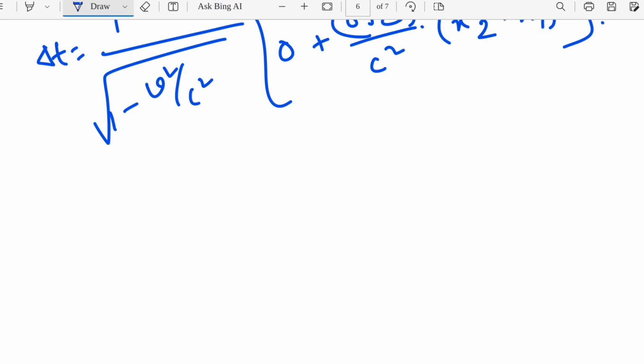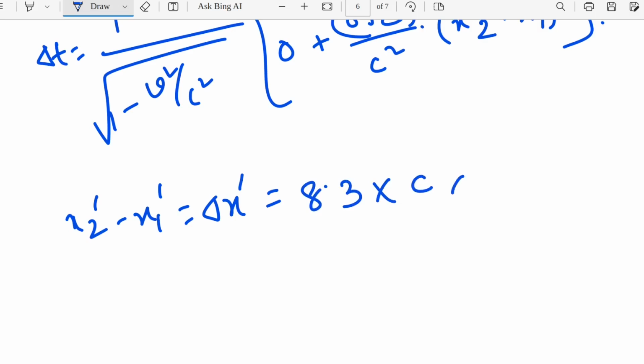So here we can write x2 prime minus x1 prime, which is delta x prime, as 8.3 times c times 60. The 8.3 minutes is multiplied by 60 to convert it into seconds, and multiplied by c because light travels with velocity exactly c. So this is the delta x prime.